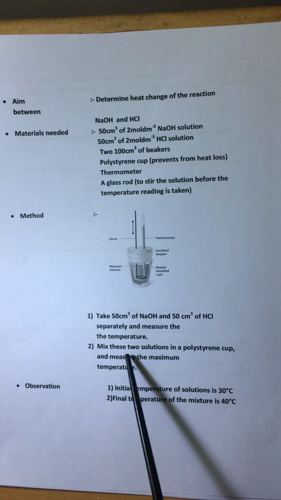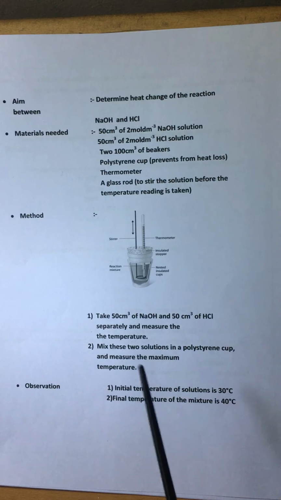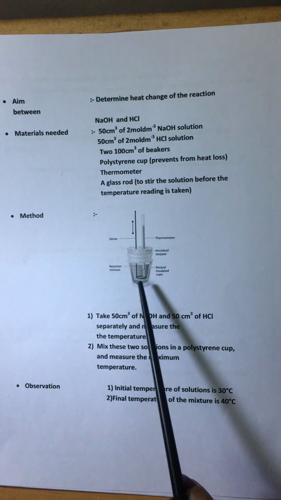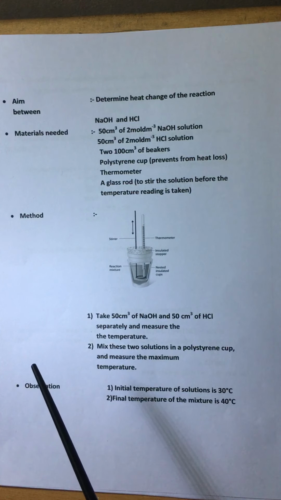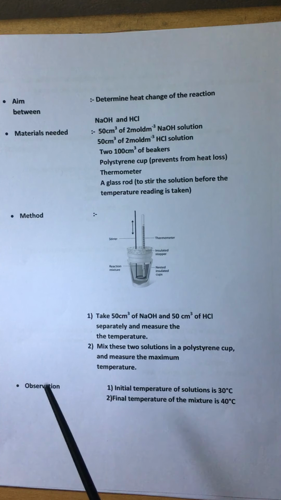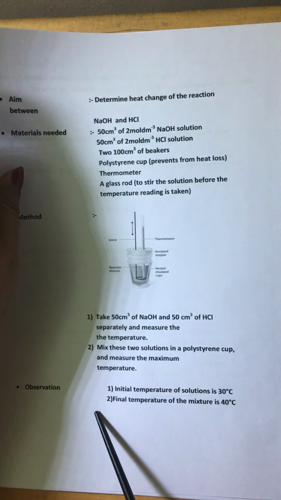After this, mix the two solutions in the polystyrene cup and measure the maximum temperature. You have to stir well and mark the maximum temperature, say 40 Celsius. So when the reaction is occurring, the temperature rises from 30 Celsius to 40 Celsius.